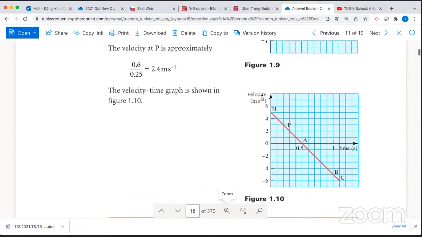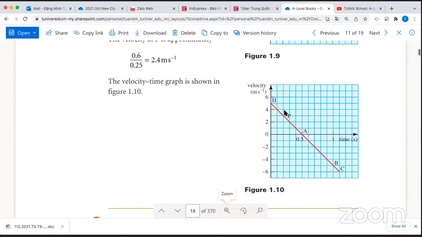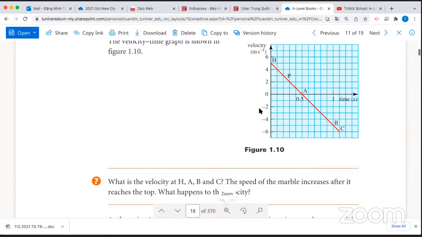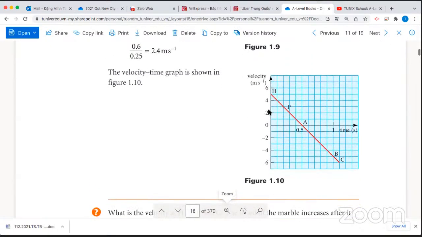Okay, for the graph of velocity and time, you can find out the value of acceleration. Because if the graph is a straight line, you can write down the equation of the graph. You remember that y equals m times x.